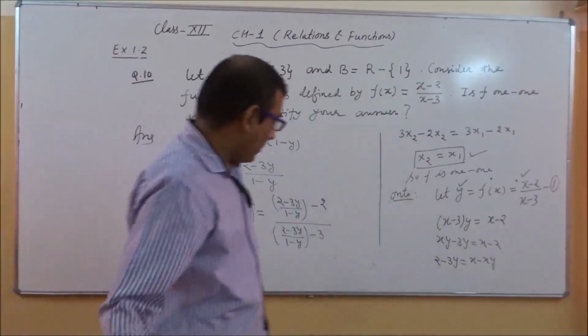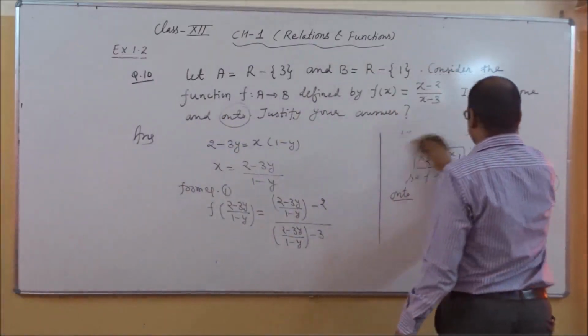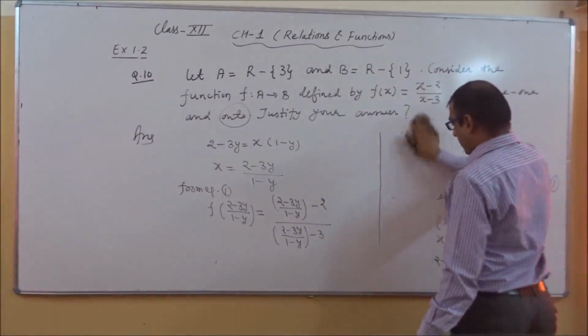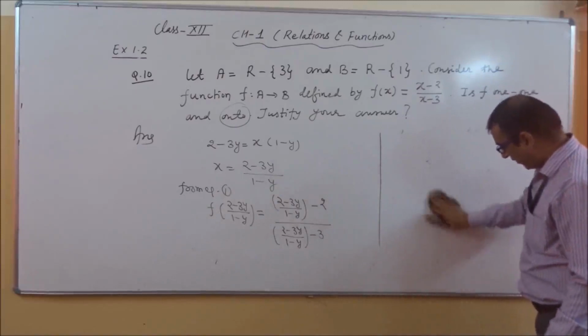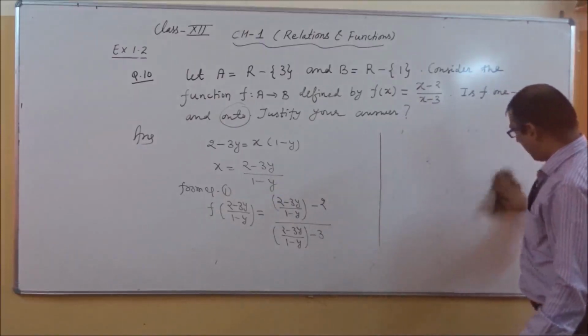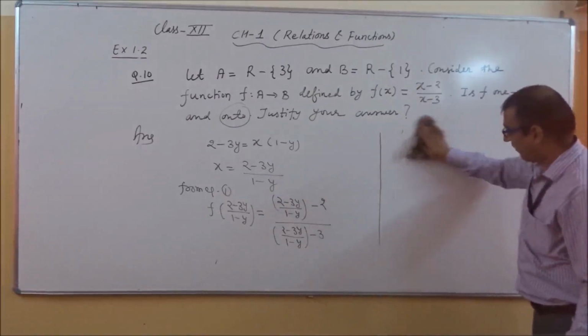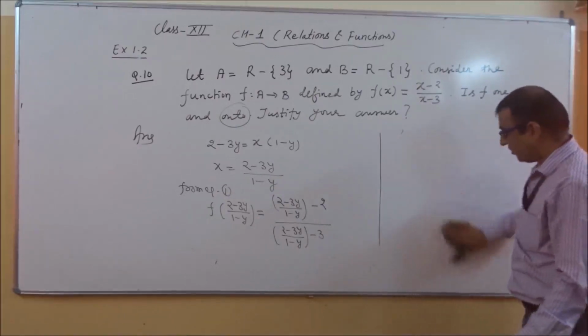Now we will take the LCM, and if after calculation it becomes f(x) = y, then we can say yes, it is onto, otherwise the given function is not onto.